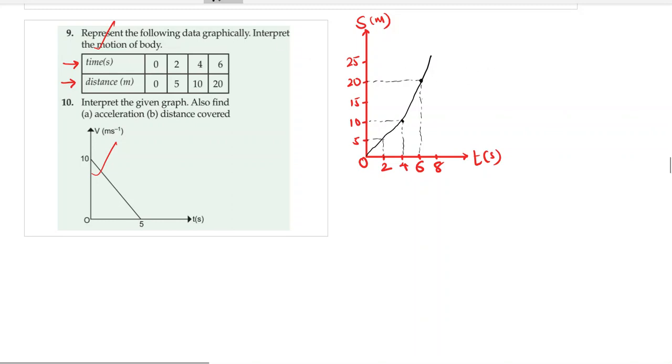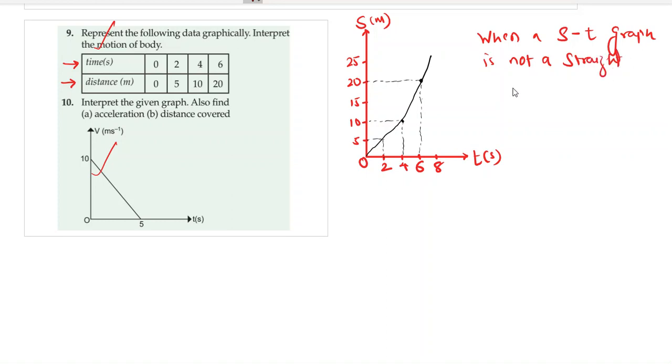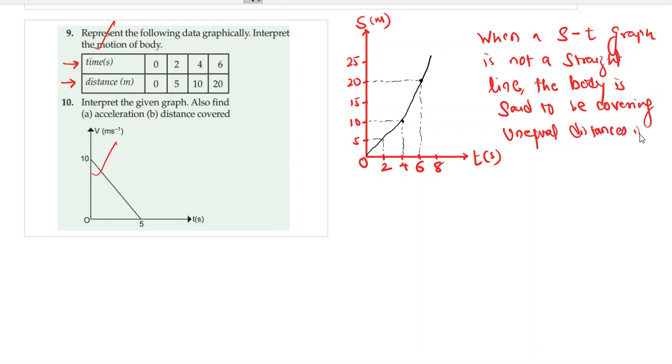So when a displacement time graph is not a straight line, the body is said to be covering unequal distances in equal intervals of time.